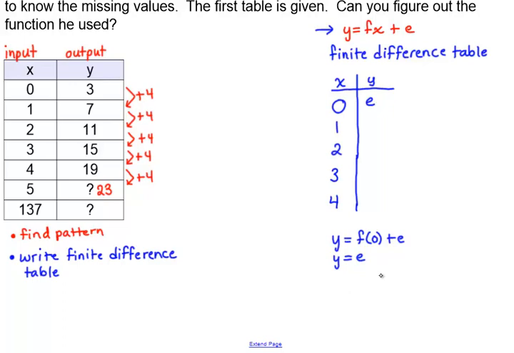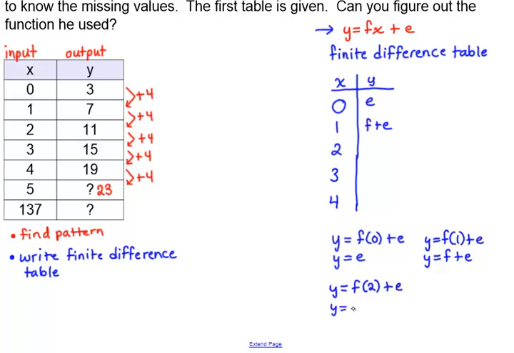Okay, so let's plug in the 1. y equals f times 1 plus e. Well, f times 1 is just f, so y equals f plus e. So the answer is f plus e. Let's do one more and then you'll see the pattern. y equals f times 2 plus e.